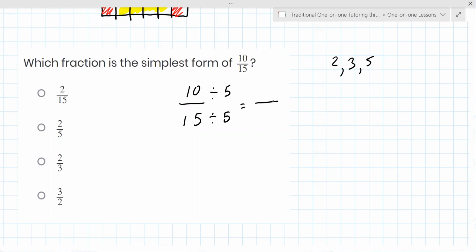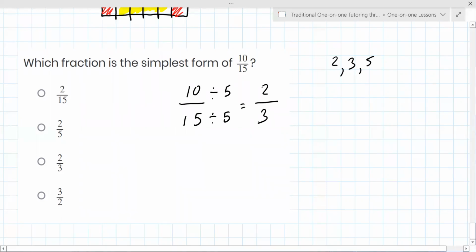What is 10 divided by 5? 2. And then 15 divided by 5? 15 divided by 5 is 3. It's 3. Good. Good.